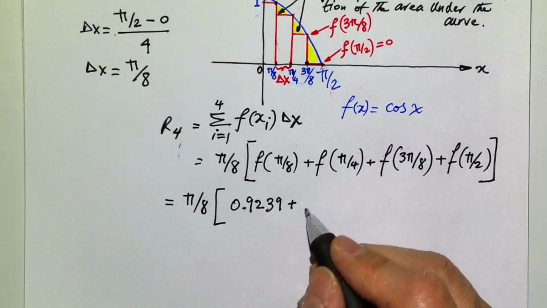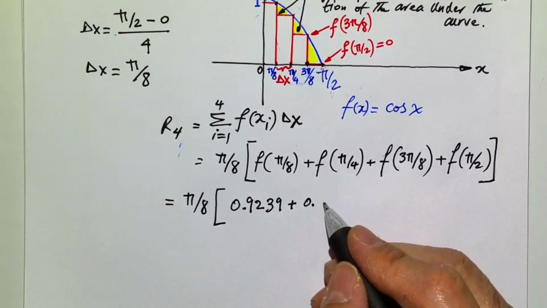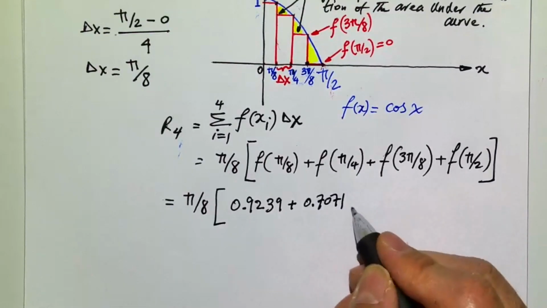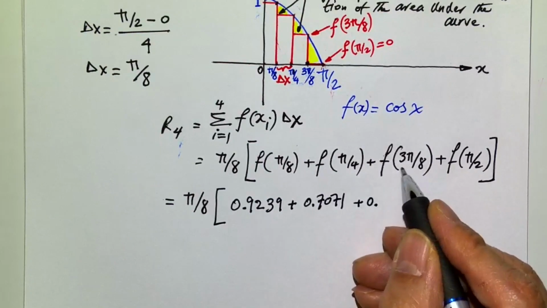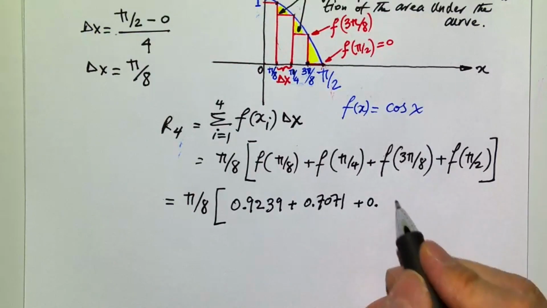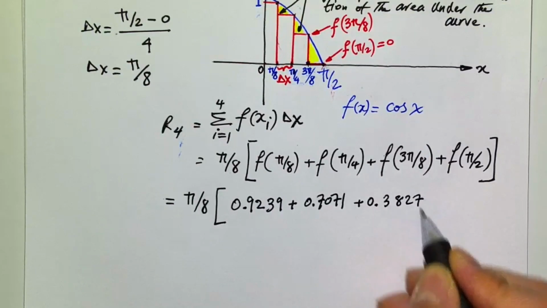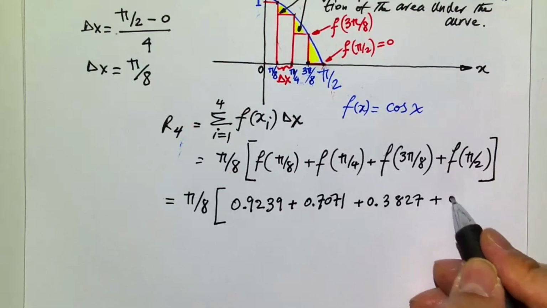I kept only 4 decimal places. Then cosine of pi over 4, which is square root of 2 over 2, here's the decimal value that I got for that. And for cosine of 3 pi over 8, I got 0.3827. And of course, for cosine of pi over 2, I got 0.